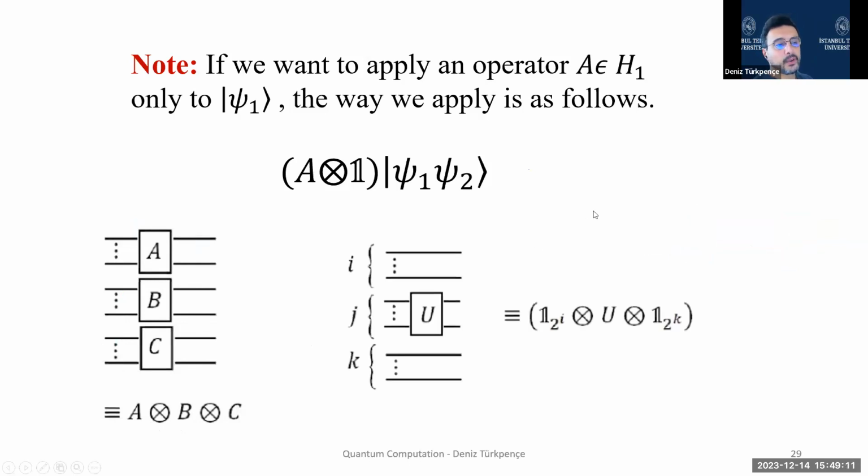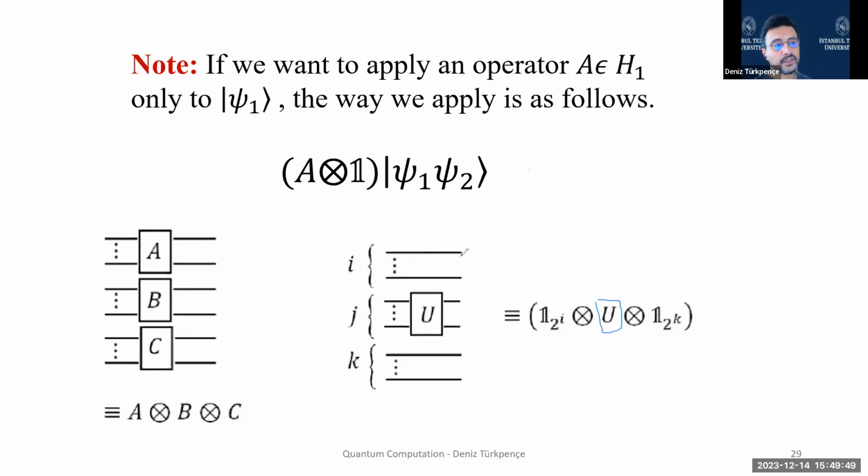But if we have an operator acting on just some of the qubits, not all the qubits, again, to write the matrix representation, you will just write the matrix representation of U, and here there will be nothing, so you should write the identity operator. The dimension of this identity operator depends on how many qubits there are.